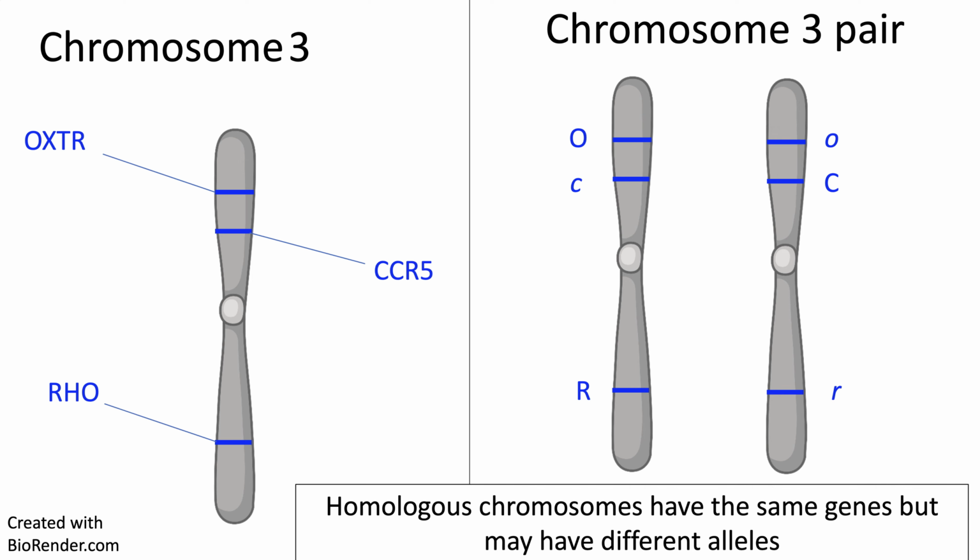And at the bottom, we have a big R and a little r, indicating 2 different alleles of the rhodopsin gene. Some of the alleles that originally came from mutations in the rhodopsin gene can cause retinal disorders like retinitis pigmentosa. All right, so we have a hypothetical person that has 1 copy of each of these alleles, so they're heterozygous at each of these loci.